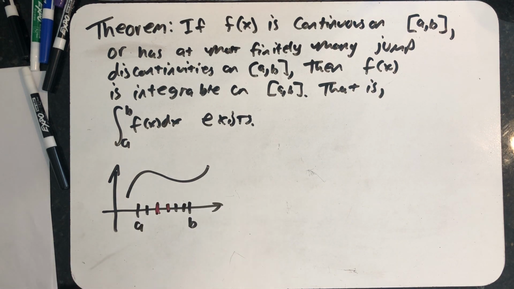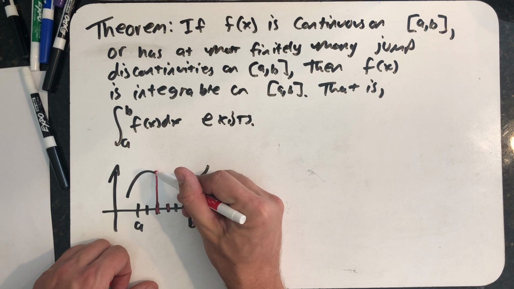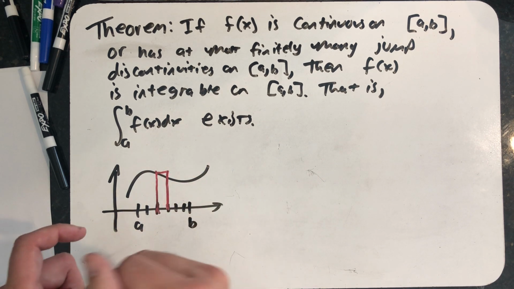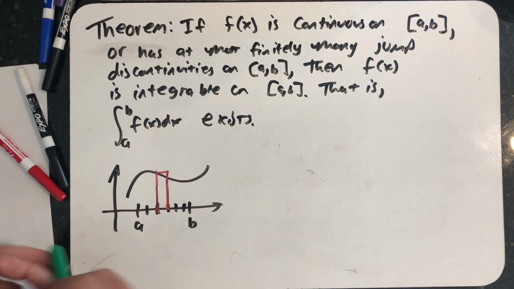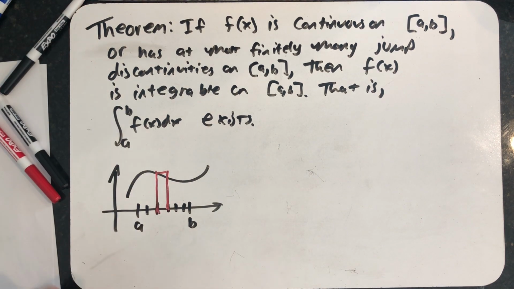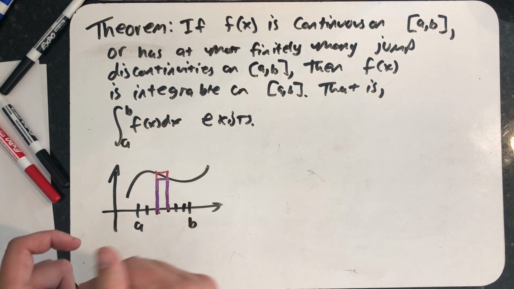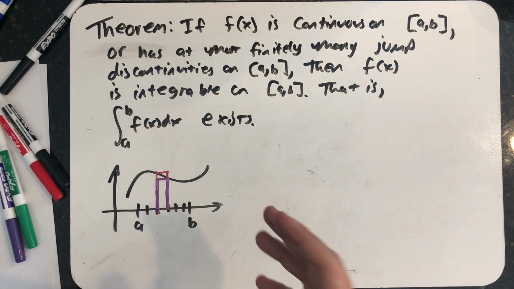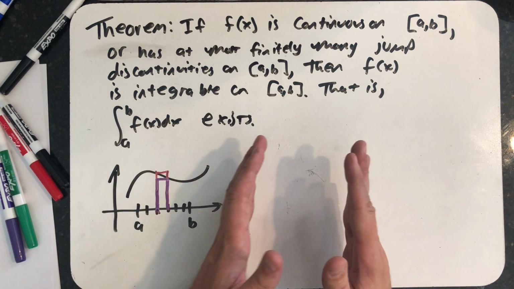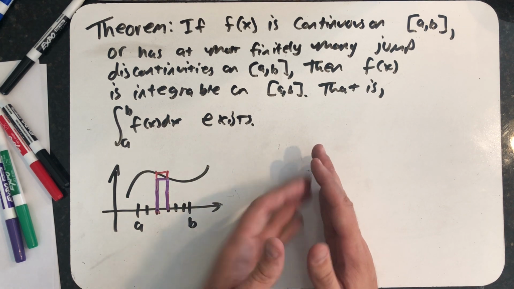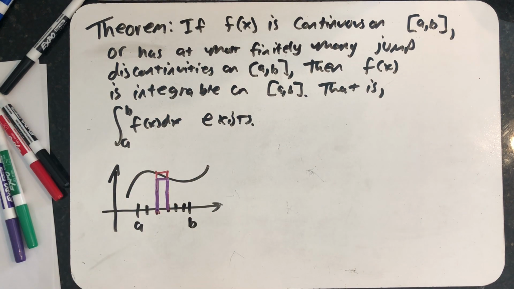Well, a continuous function over a finite closed interval has to achieve both an absolute maximum and an absolute minimum, which means I could find a rectangle that would belong to an upper sum approximation and a rectangle that would belong to a lower sum approximation. As I take the limit as n approaches infinity of the upper and lower sums, they would have to get closer and closer together, sandwiching the true value of my definite integral in the middle.